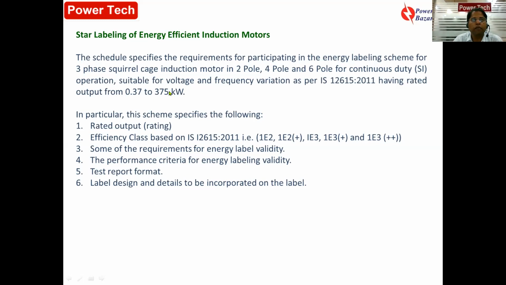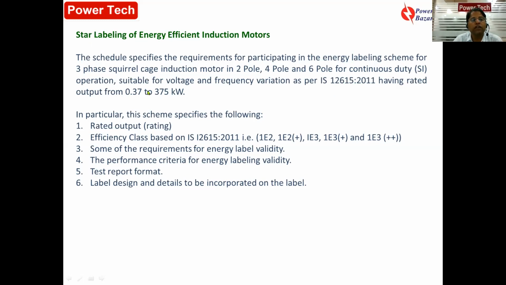Depending upon the motor rating and its efficiency, IS 12615:2011 has specifications on how to do star labeling of motors. It is applicable for motors from 0.37 to 375 kilowatt, 2 pole, 4 pole, 6 pole, continuous duty, 3 phase squirrel cage induction motors.